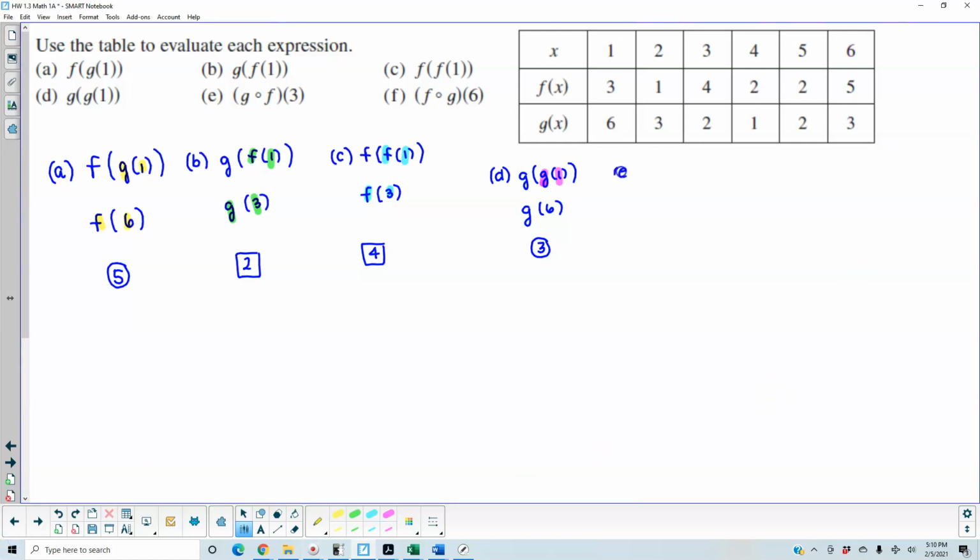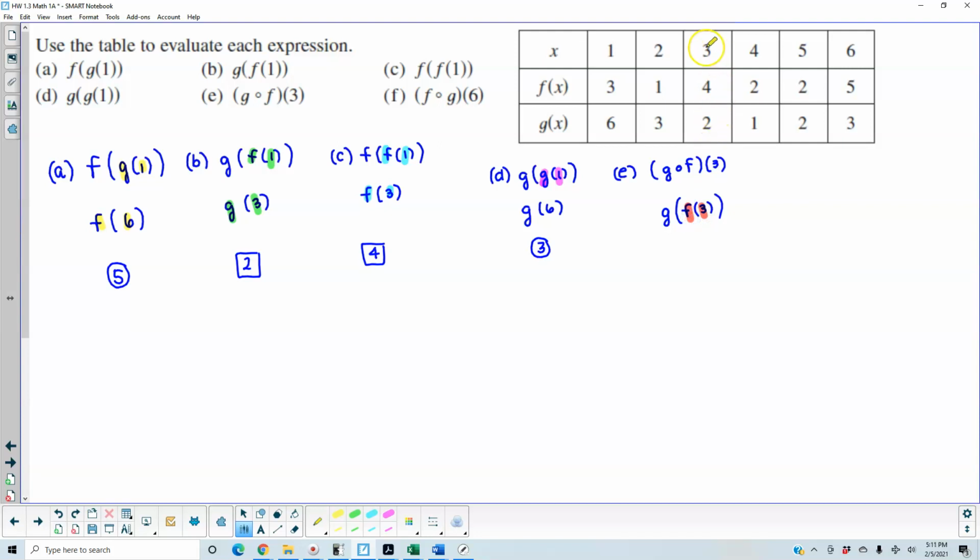So let's take a look at E. For E, we have g composite f of 3. So that means the input is 3, and we want to find out what the output is on f.